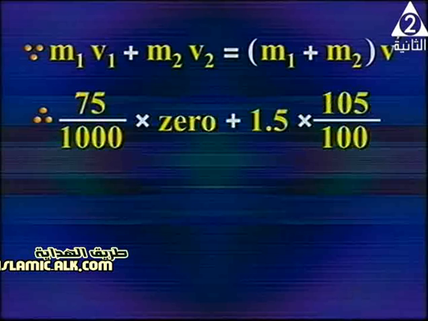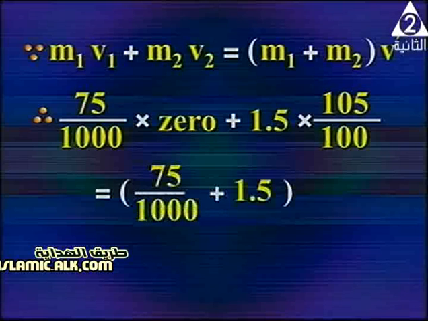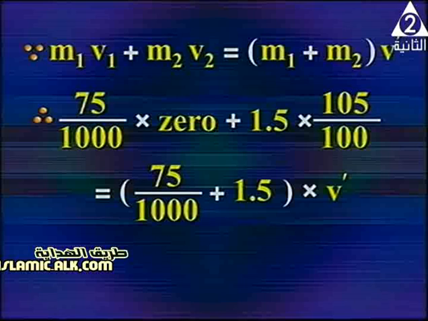Then, by using substitution, M1 equals 75 over 1000, because M1 in gram is divided by 1000, multiplied by V1 equals 0. M2 equals 1.5 times V2 equals 105 over 100 equals M1 plus M2 times V dash. What is V dash?